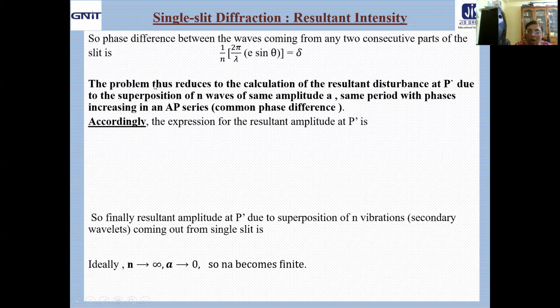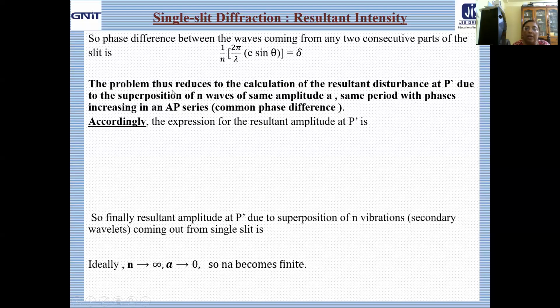Thus, our problem reduces to the calculation of the resultant disturbance at P prime due to the superposition of n number of waves of same amplitude A, same period, with phase increasing in an AP series, or with a common phase difference of value delta. I am repeating, very interesting one.